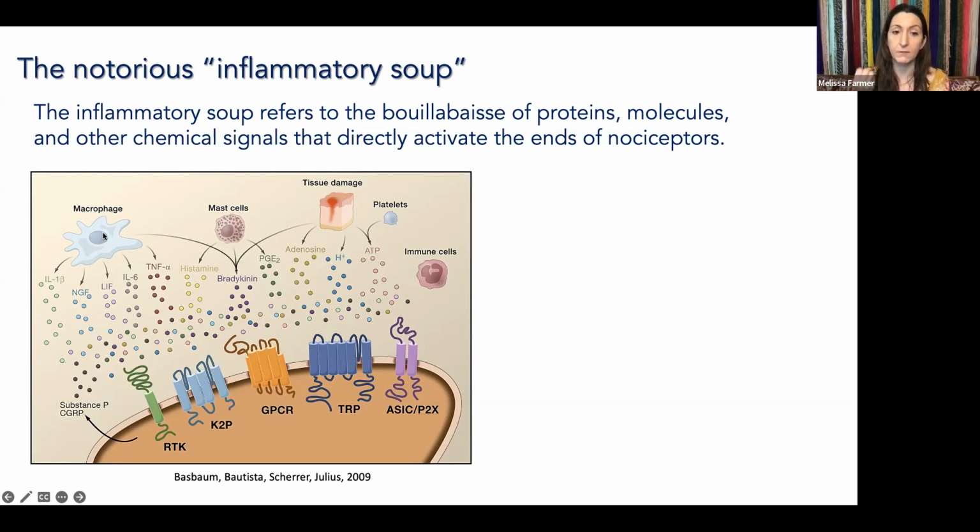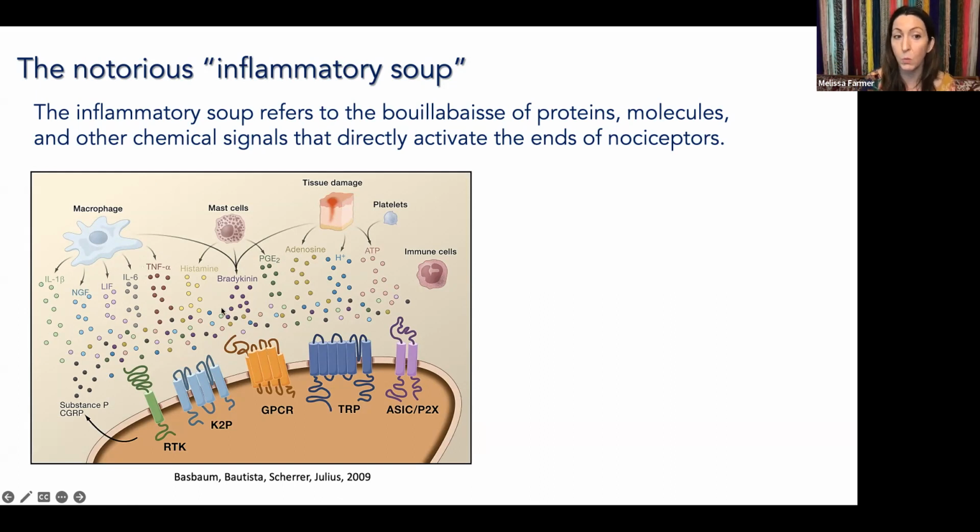And this is kind of a beautiful thing about the immune system, this redundancy, because the immune system is so critically important, if you take out any of these things, there are other things that will step in and take its role over. And this is one of the reasons why pharma companies have been so unsuccessful in targeting inflammatory pain, because they can create a drug that knocks out one of these things.